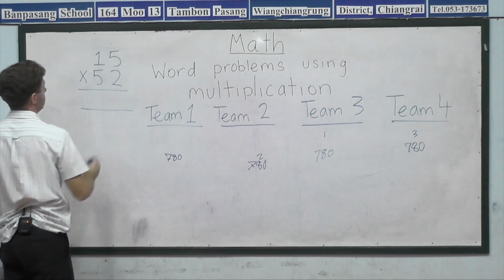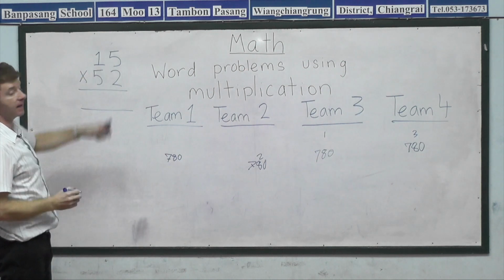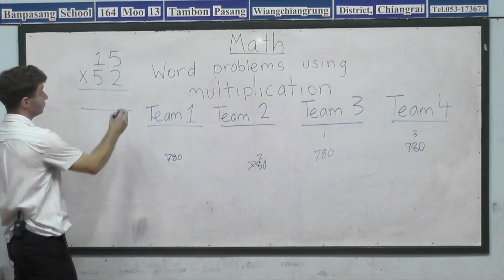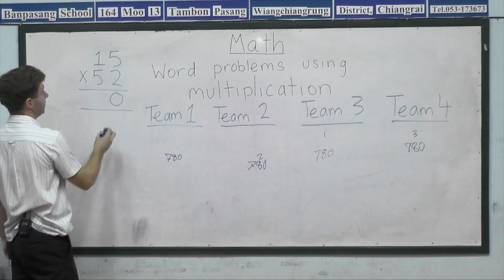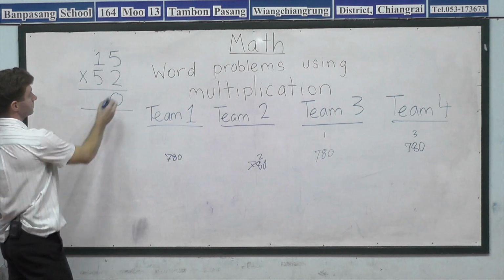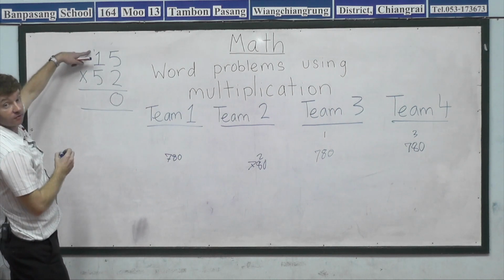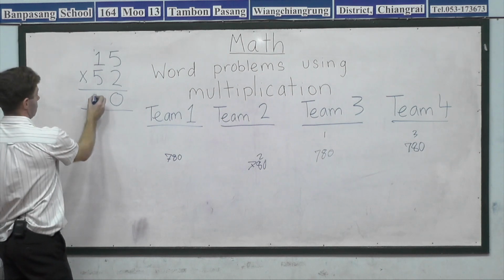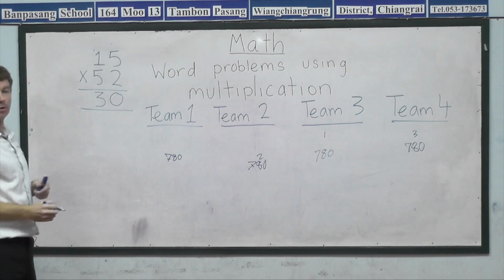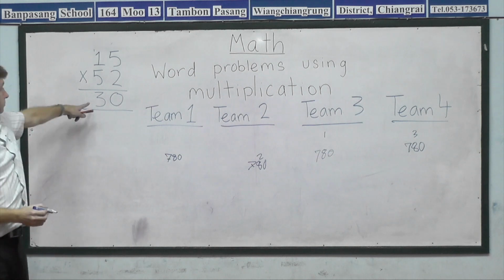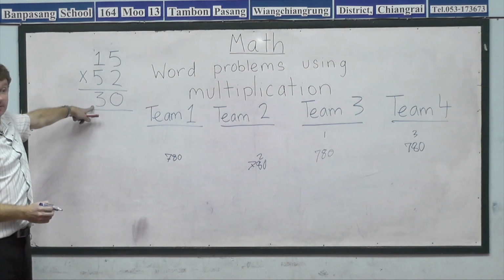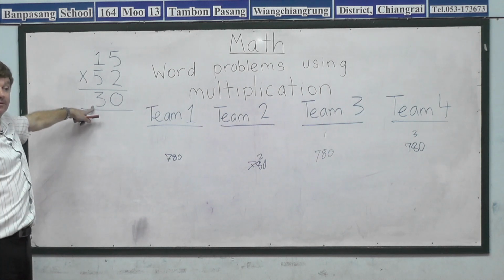Okay, so step 1, 2 times 5, 10. So 0, carry 1. 2 times 1 equals 2, plus 1 equals 3. Okay, so what's our answer for step 1? 30. Now for step 2.